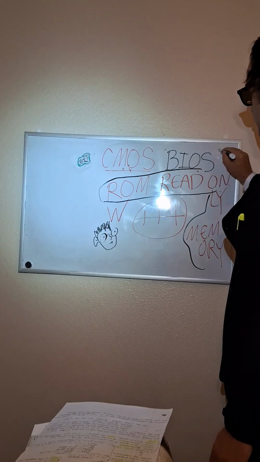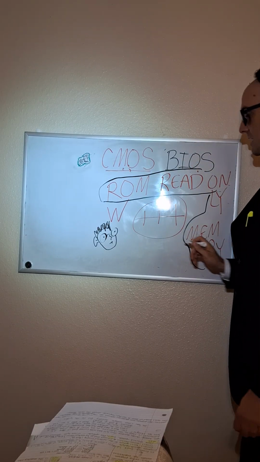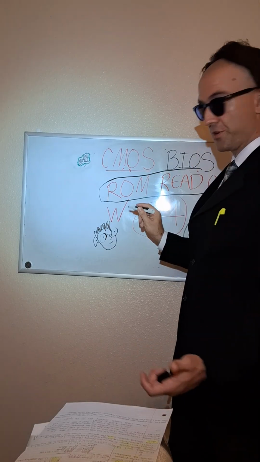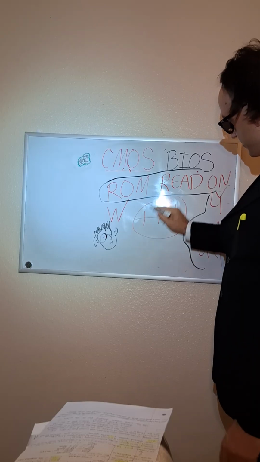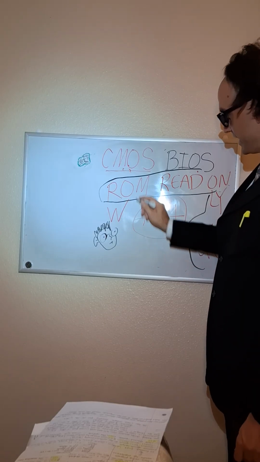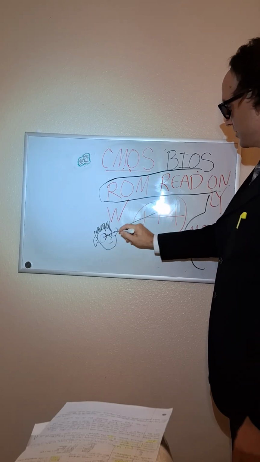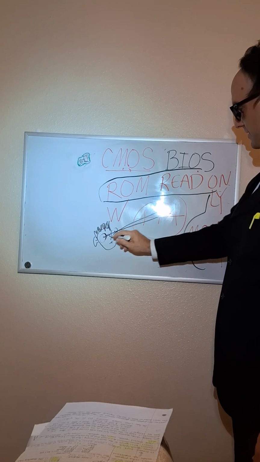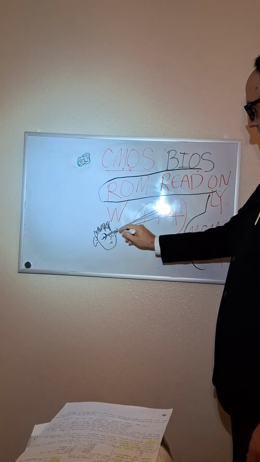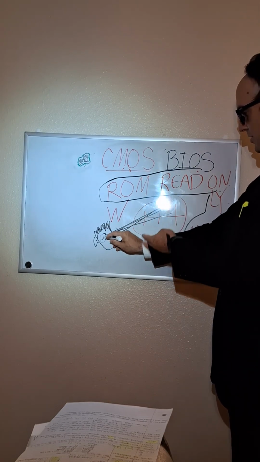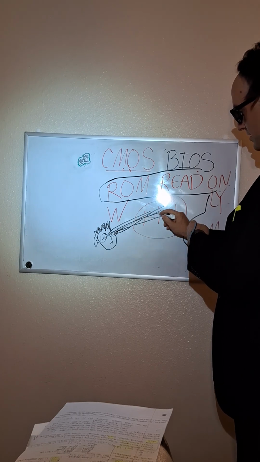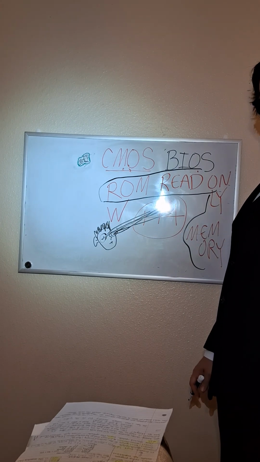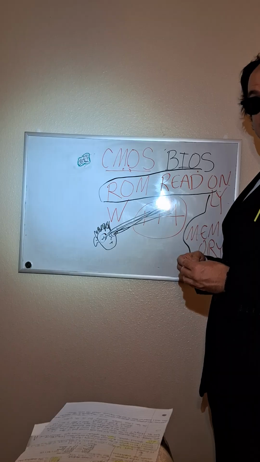The BIOS used to be stored on the read only memory on a chip on the motherboard. So here's a person, here's the memory example, and they're reading it. All they can do, look at their eyeballs. They're reading. See these eyeballs? They're reading. Okay? That's read. That's what reading is.